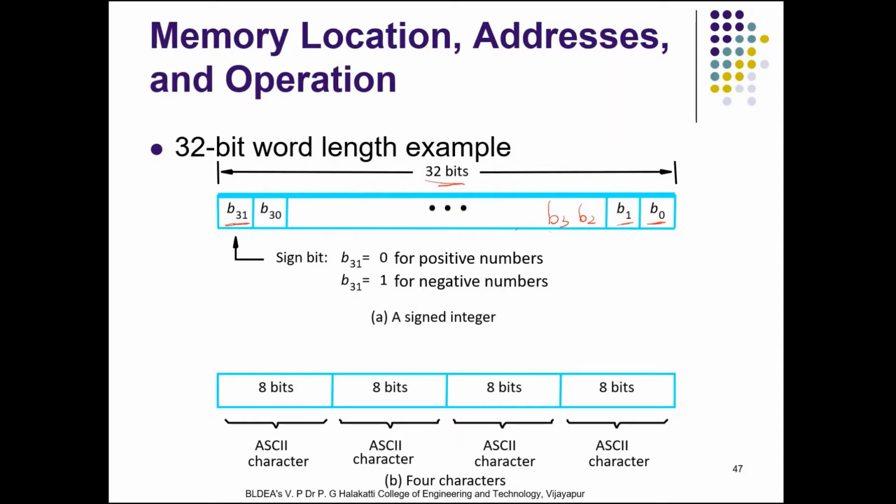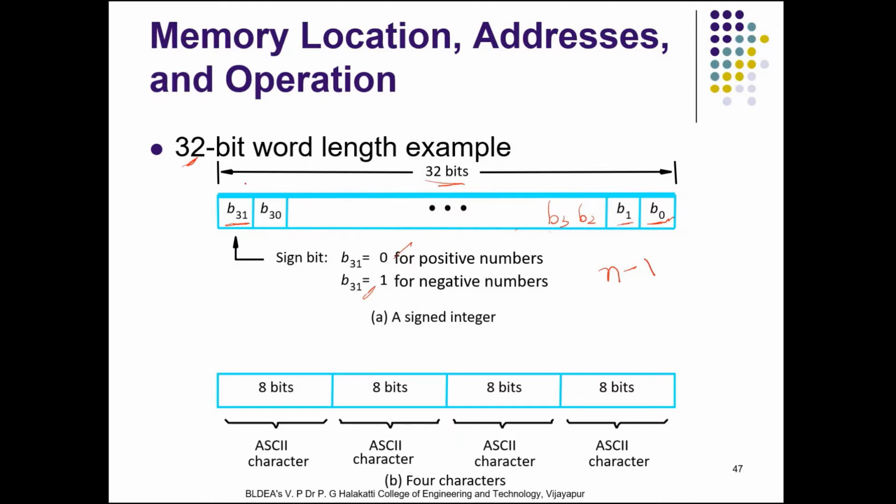Why B31? Why not 32? It's because we have started with 0. So when I start counting with 0 and reach 31, the count is actually 32. So it always starts with 0 and ends with the word size minus 1.